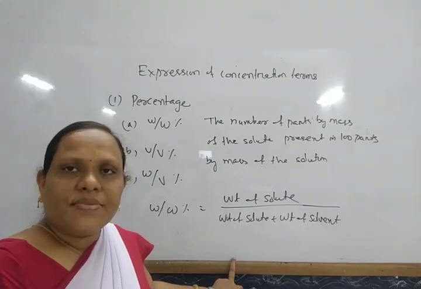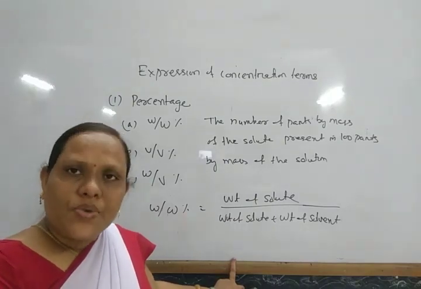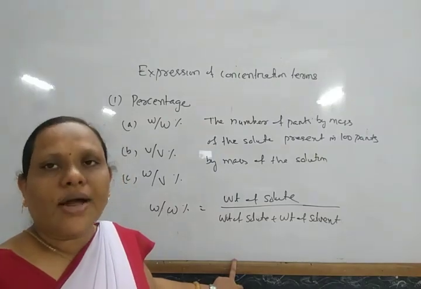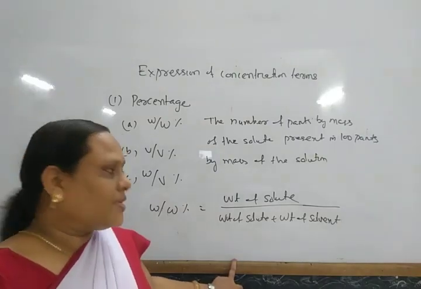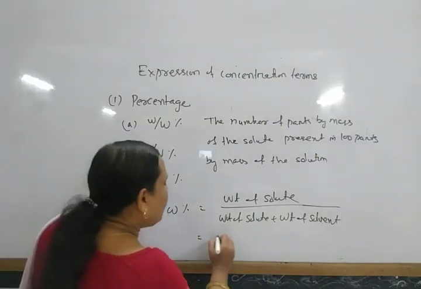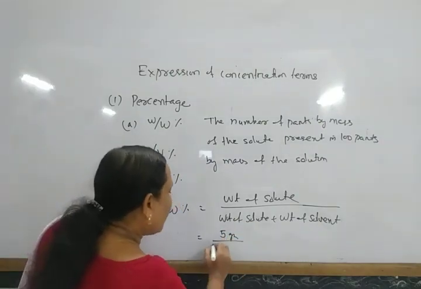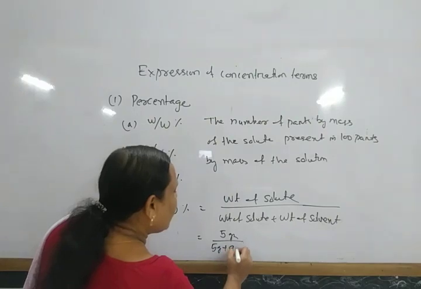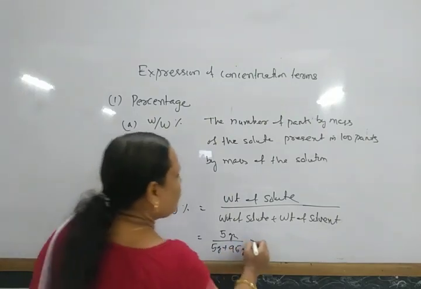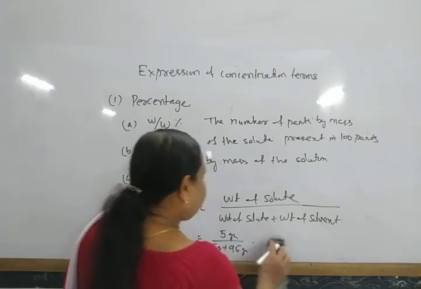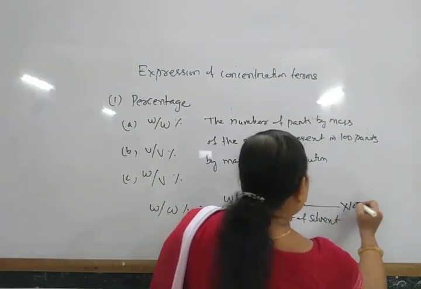Suppose one question is given: 5 gram of urea is present in 95 gram of water. What is its percentage? That means 5 gram of urea divided by 5 gram plus 95 gram of water, into 100.